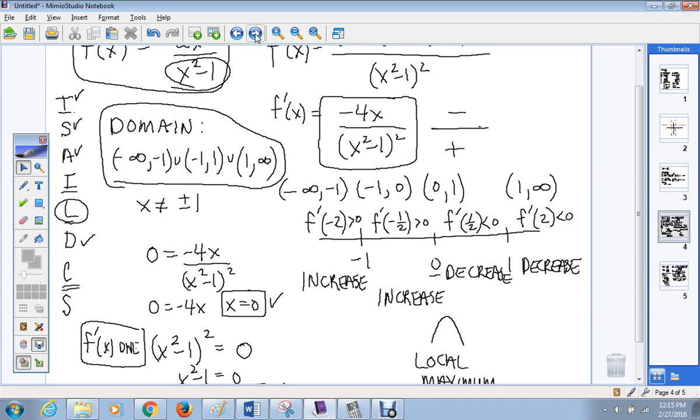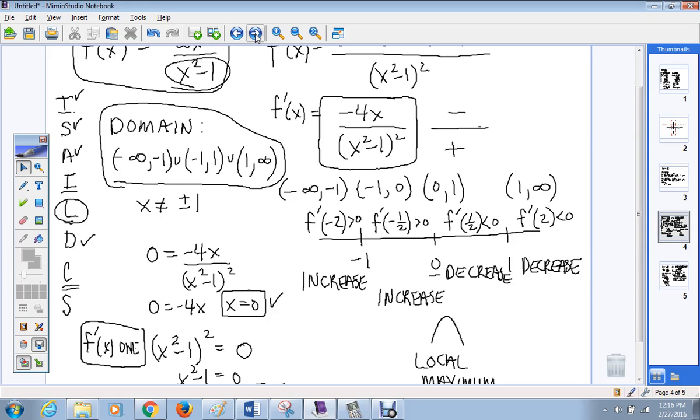Next, we looked at our intervals of increase and decrease. So here we can see that from negative infinity to negative 1, we're increasing. Negative 1 to 0, we're increasing. And from 0 to 1, we're decreasing.